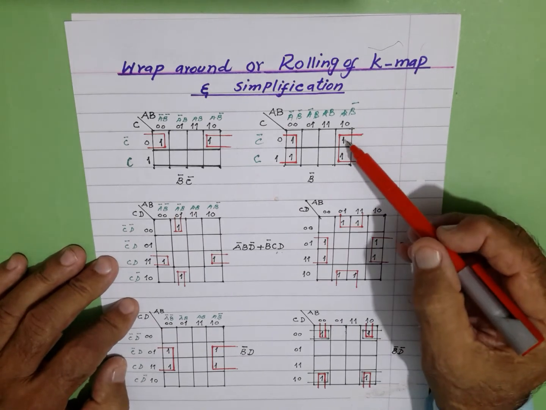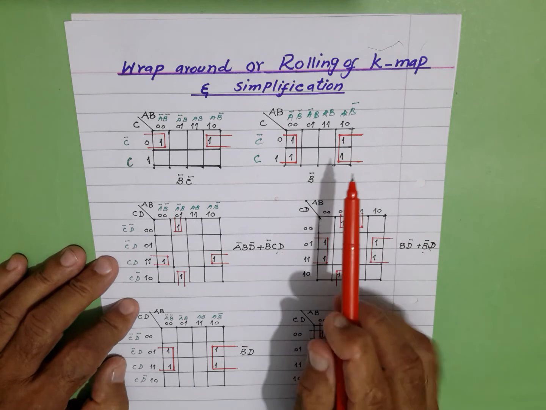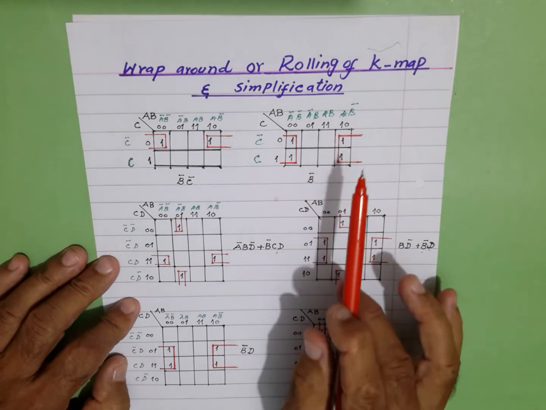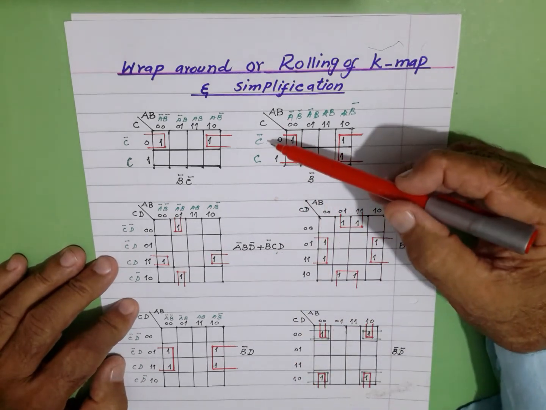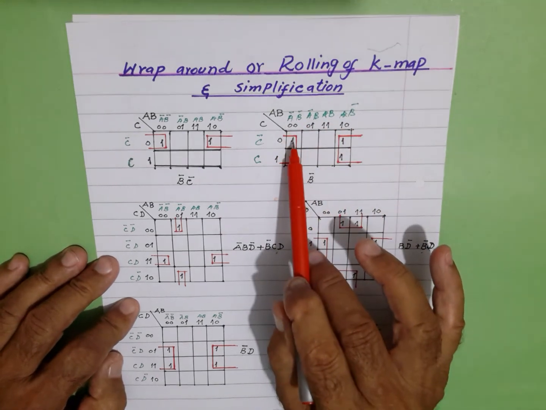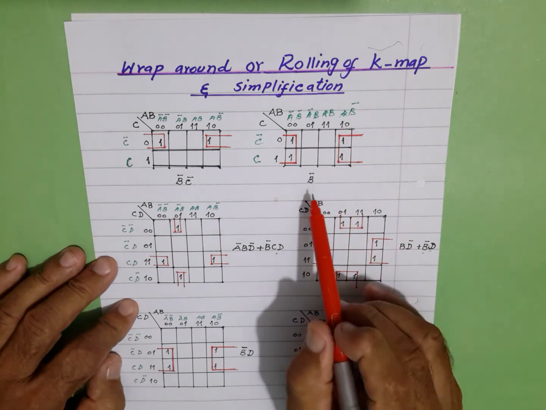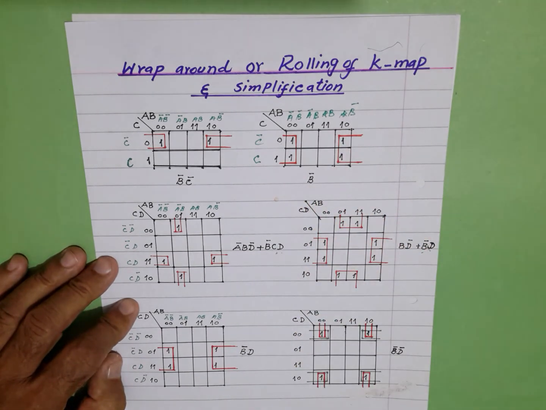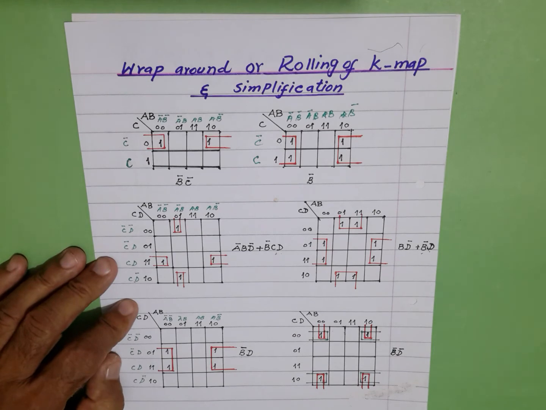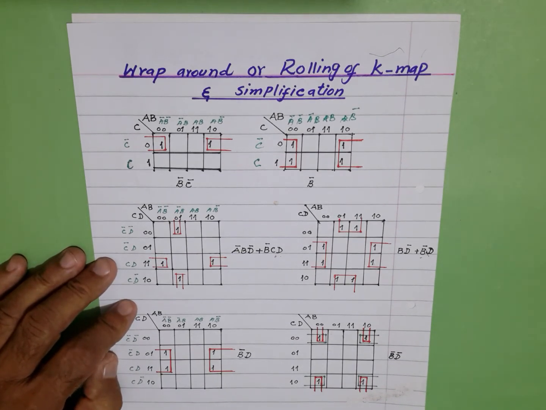If there are 2 minterms and 2 minterms and we roll left to right horizontally, we see that C is changing, therefore we can ignore it, and only from this column to this column B bar remains, therefore only B bar is the output, and a single inverter can perform this function.